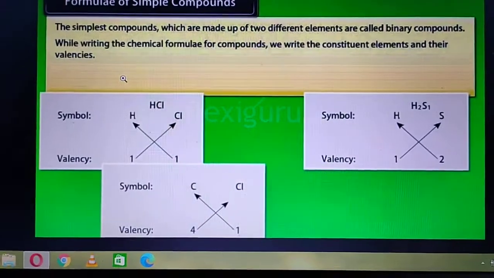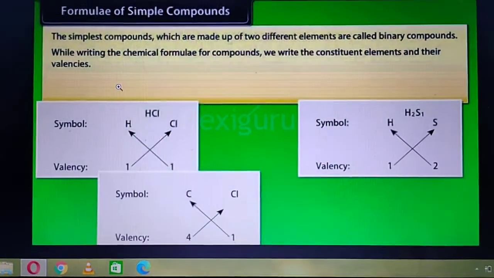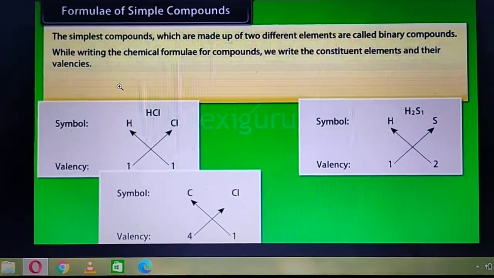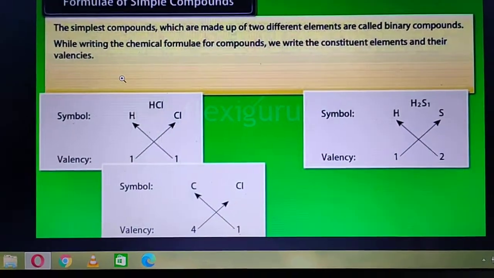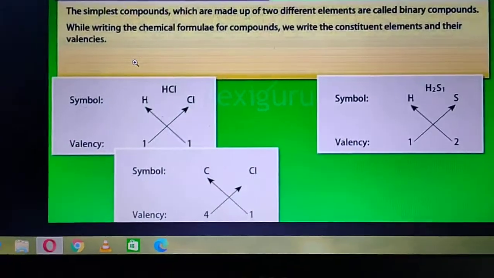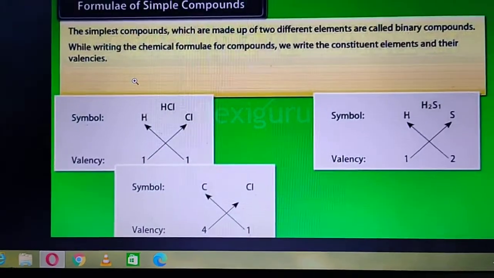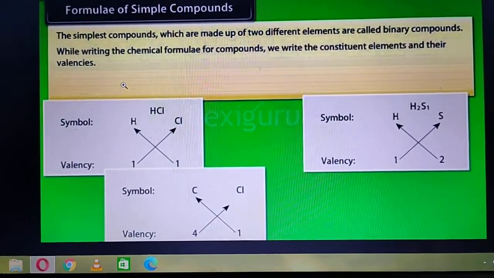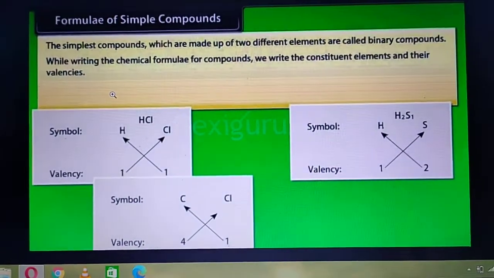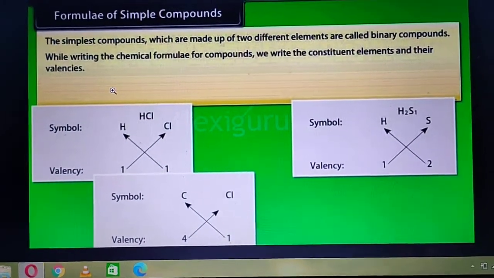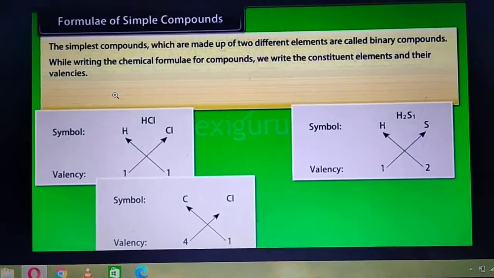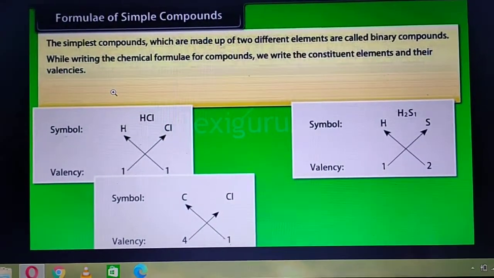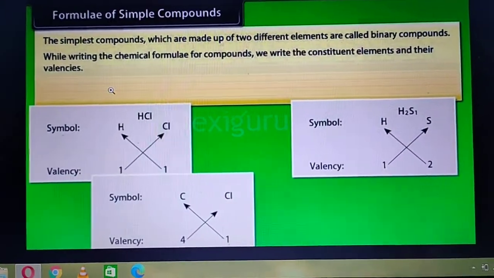In chemistry, when describing these compounds, these names are repeated quite often. So every time writing the full name is not possible. It is time consuming and inconvenient, and also it does not provide any information about its composition.